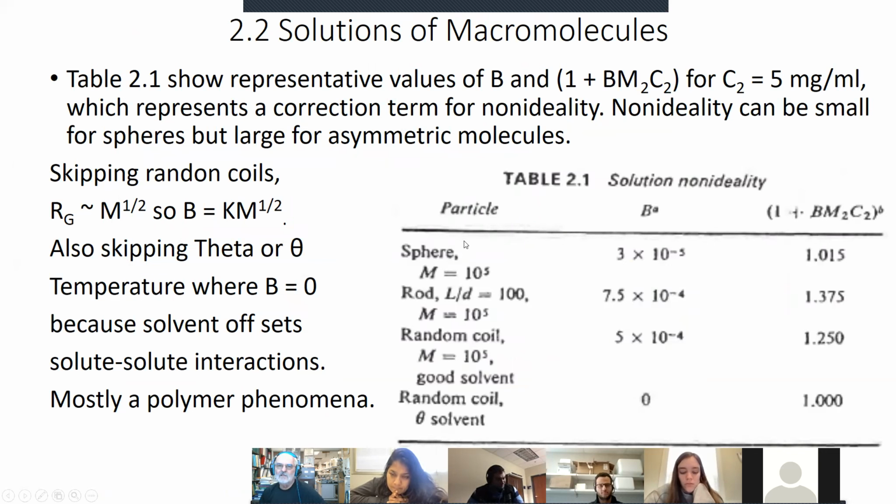If a solution is ideal, how much will B vary depending upon the protein concentration? It says up above, I think, that the product goes to 0 at low concentrations. This table is derived for 5 mg per mL. Spheres will tend to have a B value of 3 times 10 to the minus 5. Remember what this is up above?